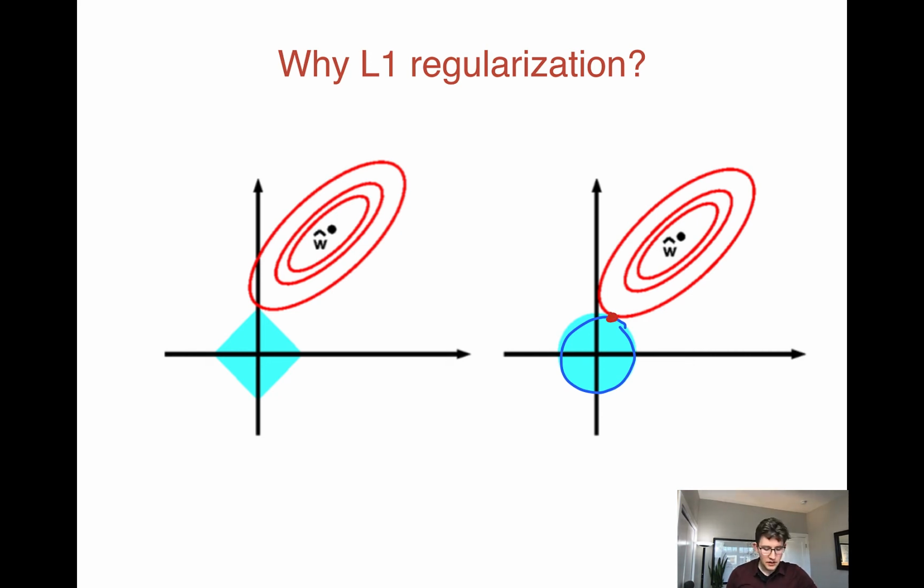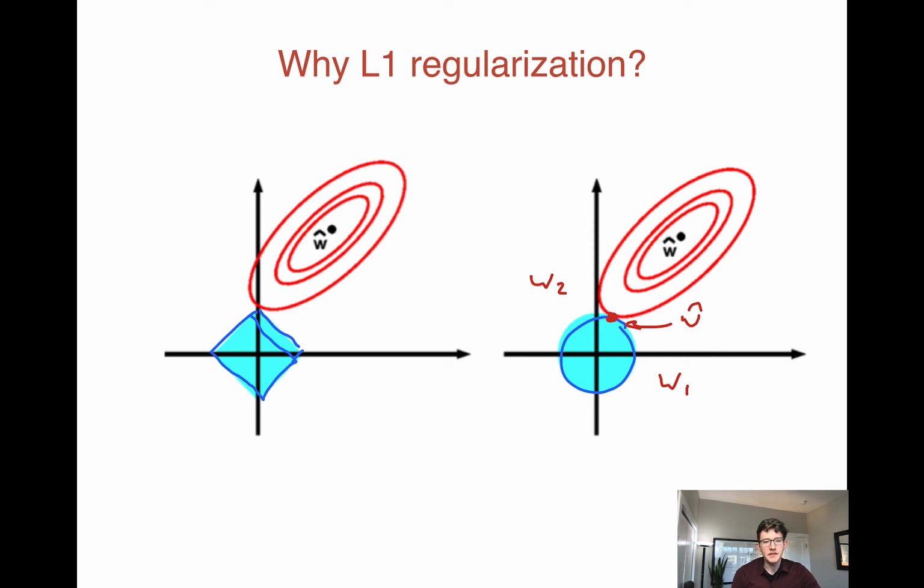This intersection will be our chosen W. And the question is, where is that chosen W going to fall in space? Notice that here it's fallen at a point where both W1 and W2 are non-zero. Now if we go over on the left to the L1 regularized case, notice that the level sets of the L1 regularizer form a diamond.